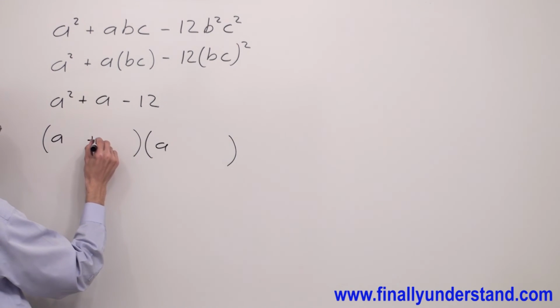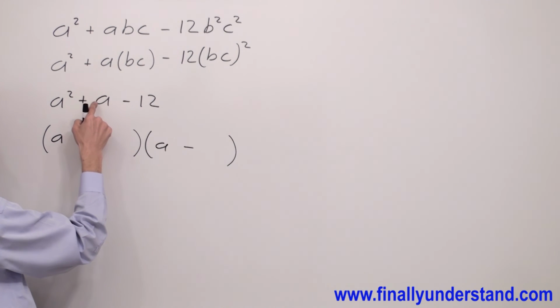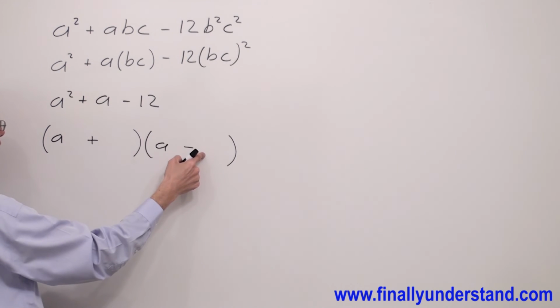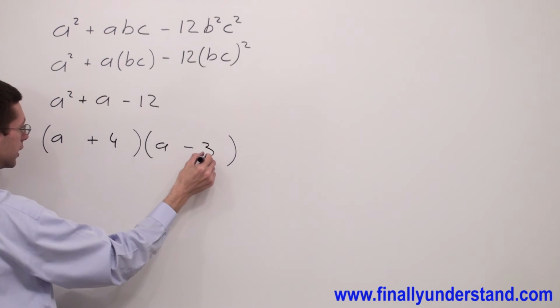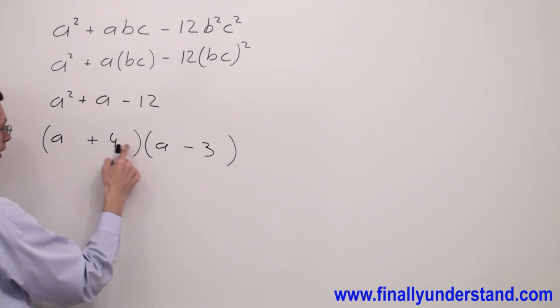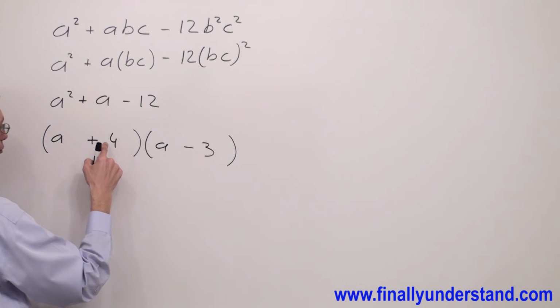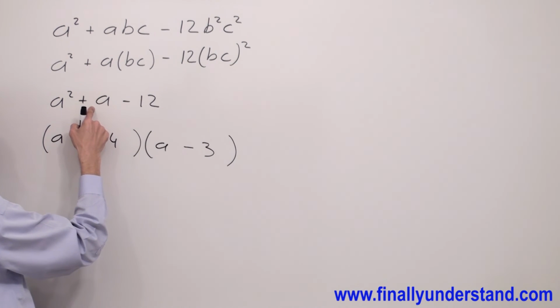So one of them is going to be positive, another one is going to be negative. Positive sign next to the second term is telling me that the bigger number is going to be positive and the smaller number is going to be negative. These two numbers are 4 and negative 3. Why? Because 4 times negative 3 is negative 12. 4 plus negative 3 gives me 1.